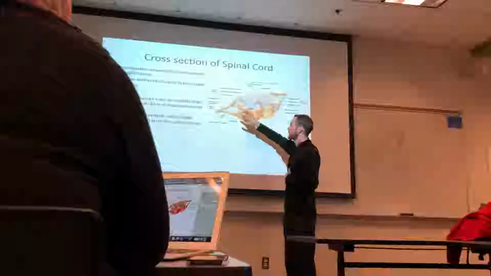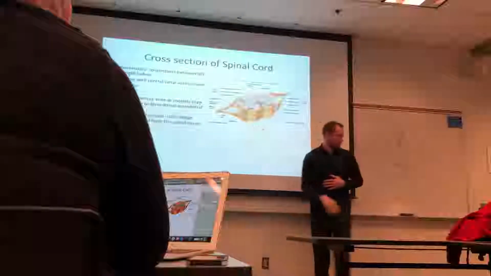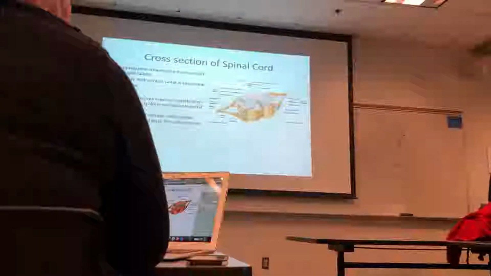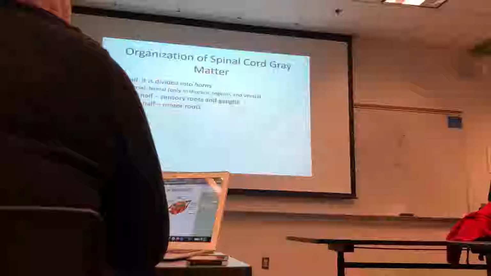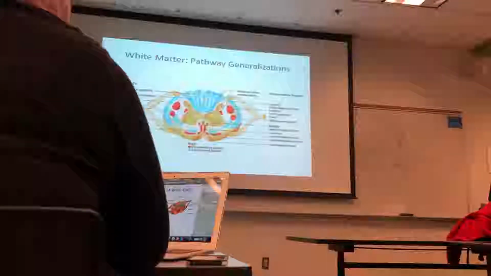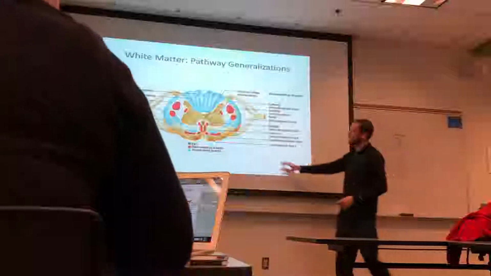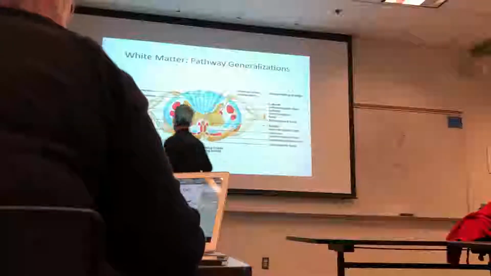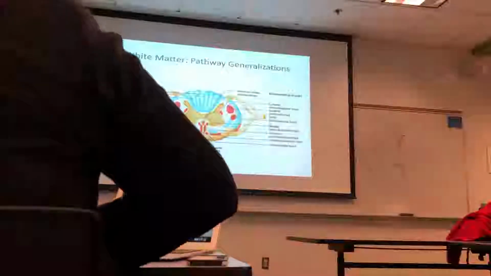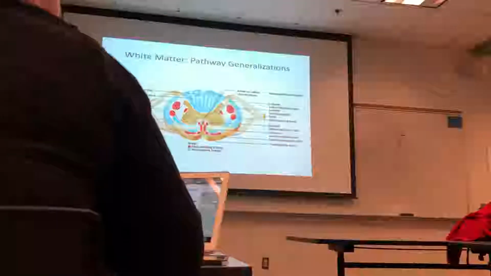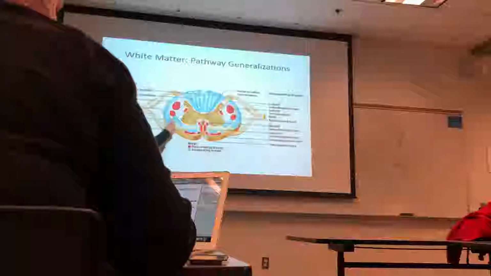So instead of going back and forth, let's just do white matter for right now. So divisions of white matter are going to look like this. Anything blue is an ascending tract, so information that's coming in and going up to the brain.